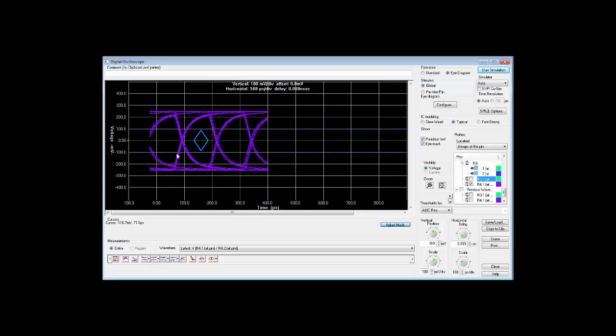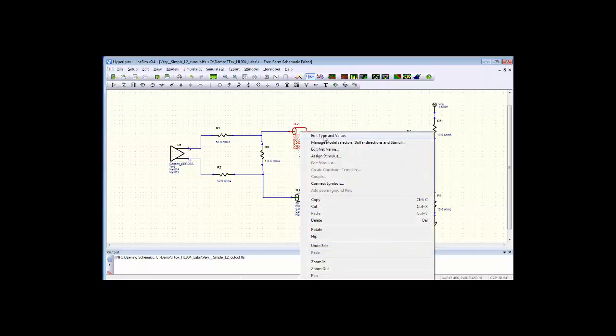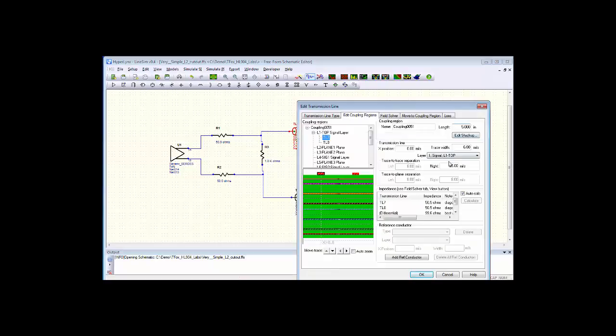I argue that this is a better looking signal. The problem is that this does not look like the common wisdom of the day. In this case, I've got about 50.5 to ground for these two devices, and I've got them very wide apart. So we would term this loose coupling.